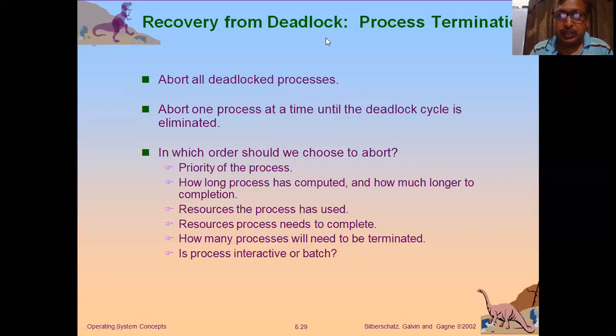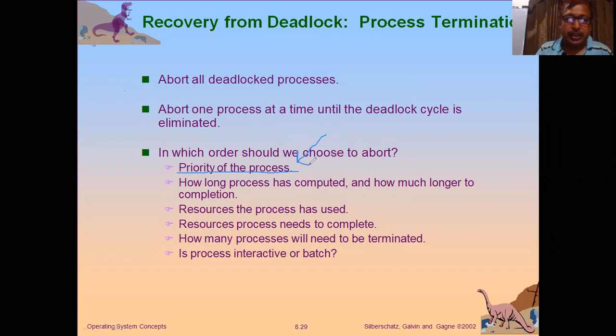One is the priority of the process, because if I abort a high priority process, that will create problems in my system. Okay. And second thing is how long a process has computed and how much more time it requires.